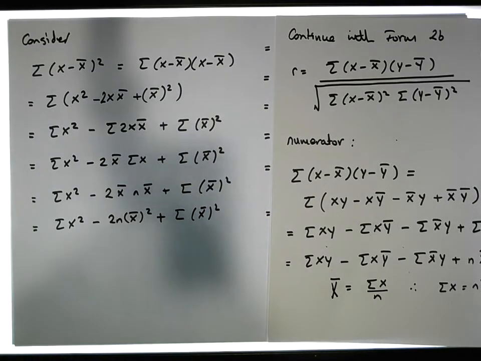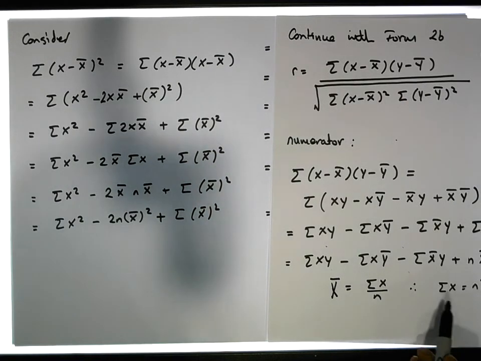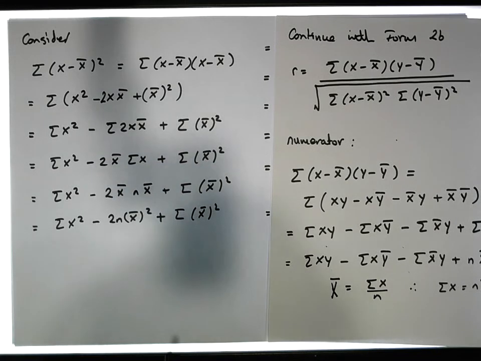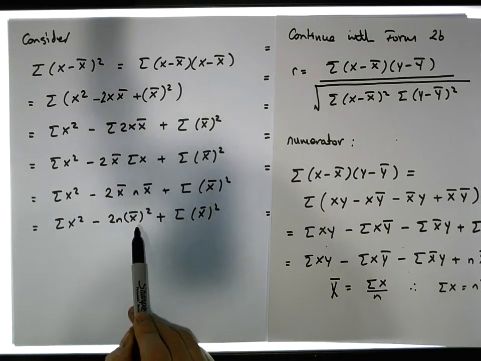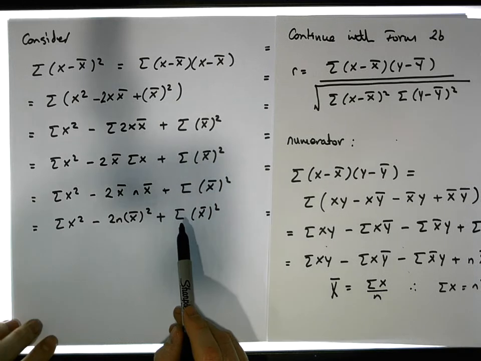Now, let's keep in mind here that the x bar is the same as sigma x over n. Okay, we have the sum of the x bar square terms here. Well, when we sum them up, they're all constants.